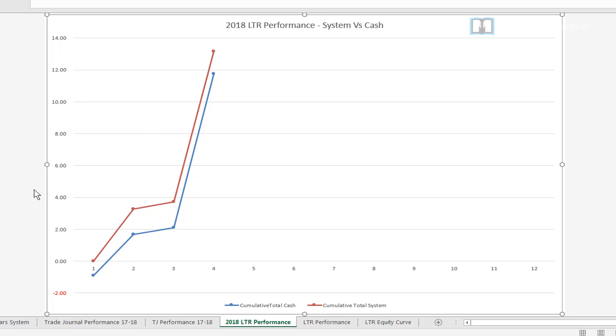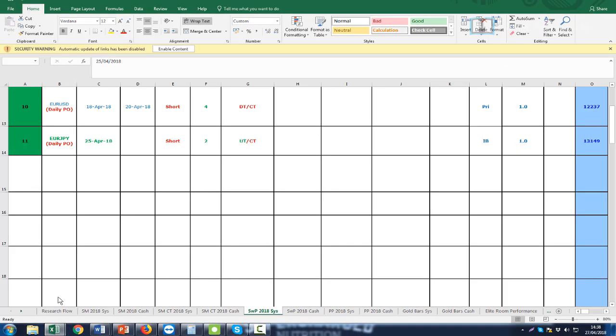We'll start by looking at Vedanta Elite, and Vedanta Elite closed a trade on swing profits yesterday. Why don't we look at their journal? Here's the Euro Japanese Yen, which was opened on the 25th of April and closed at midnight UTC on the 27th of April 2018.